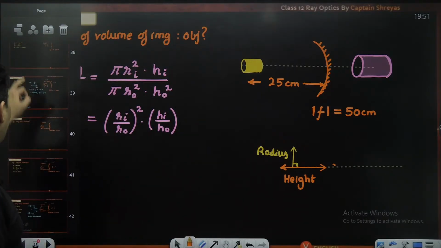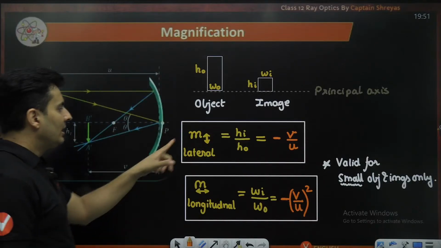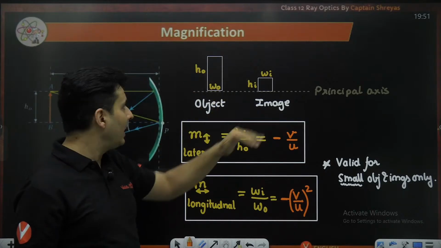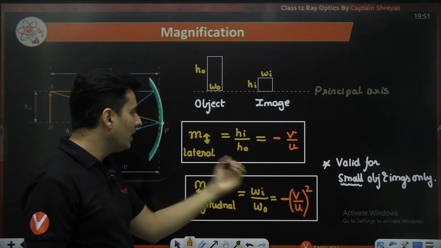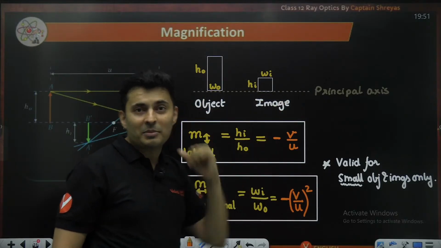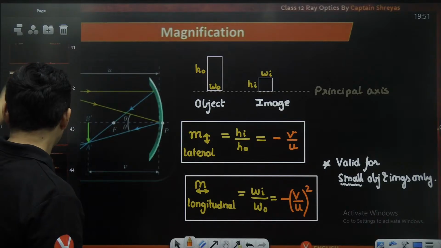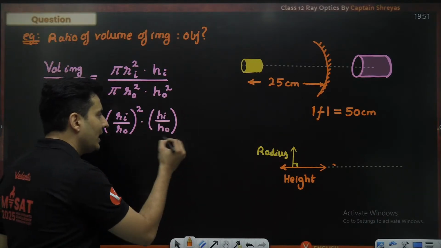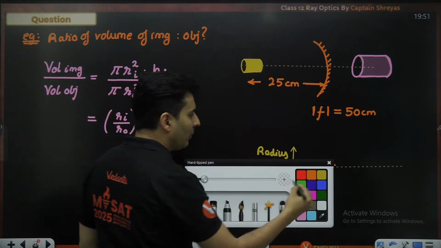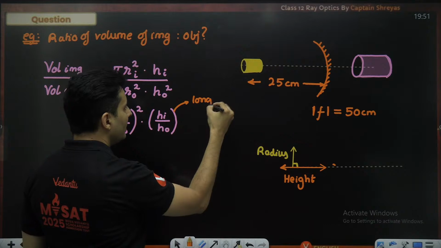We just saw magnification exactly that way, if you remember. For lateral magnification, heights in the perpendicular direction are what you have to see. For longitudinal, you have to take the width or the length along the principal axis. So, if you go back to this problem, can you guess, height is along the principal axis? So, the term that we will consider for this will be longitudinal.